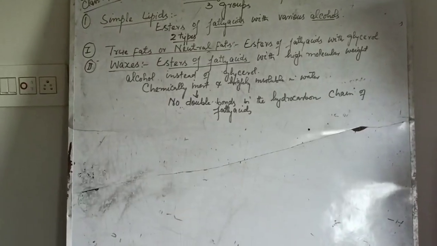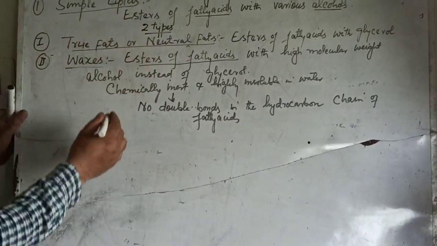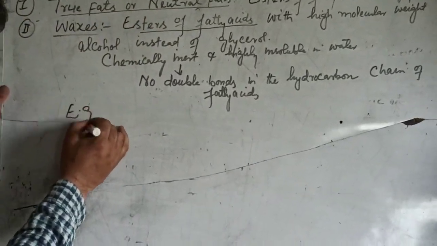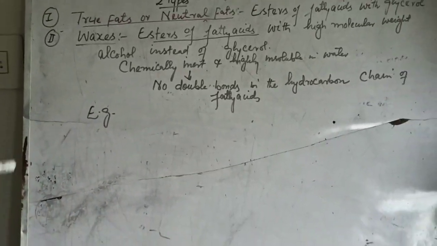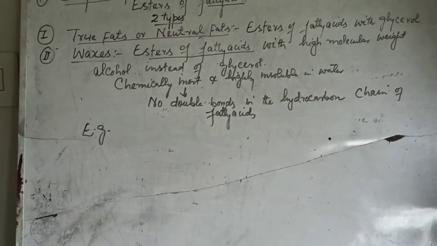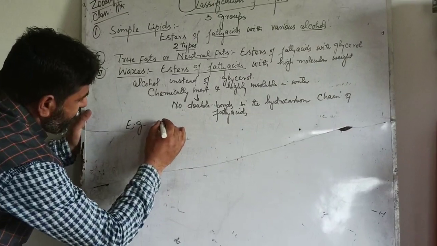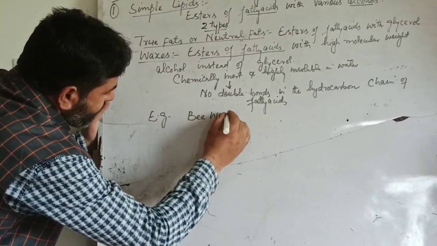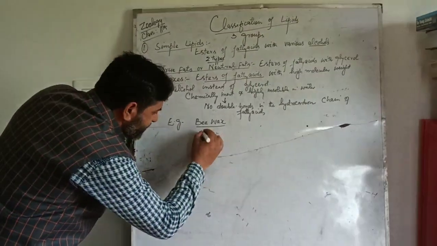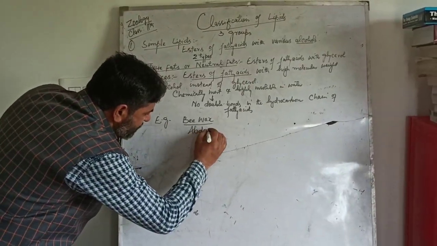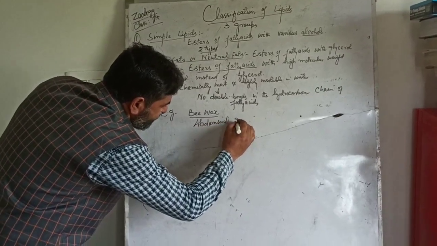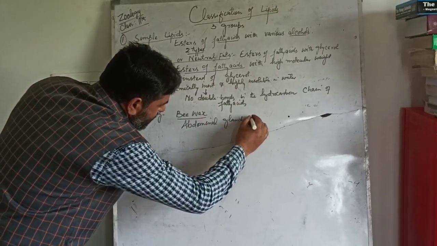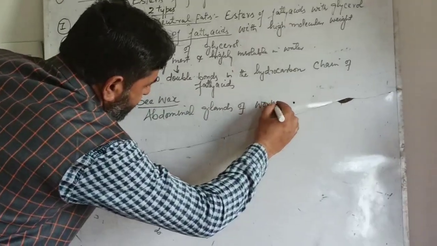I will take one example of a wax which is naturally produced on this Earth, that is beeswax. This beeswax is naturally produced by the abdominal glands of the worker honeybee.